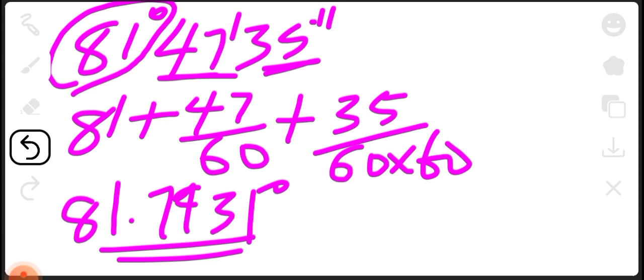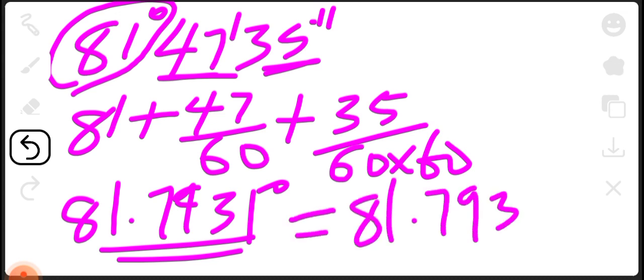So this is how we convert from degree, minutes, and seconds. And if they ask you now to move this one to 3 decimal places, you can also call it 81.793. That's all.